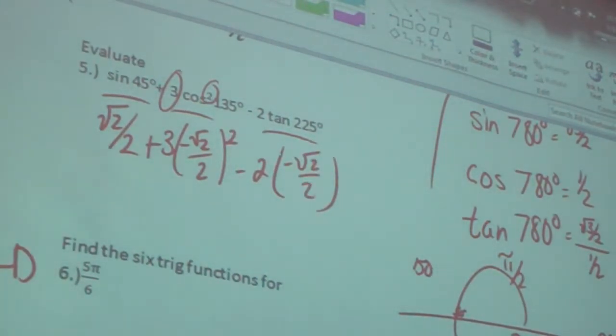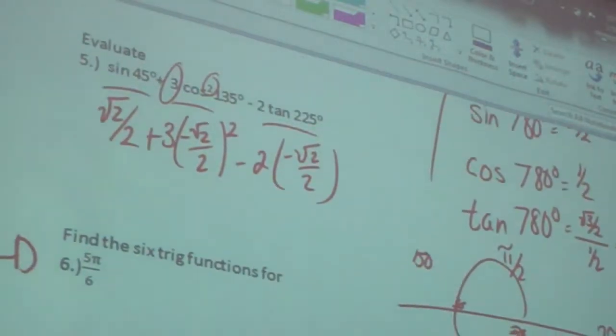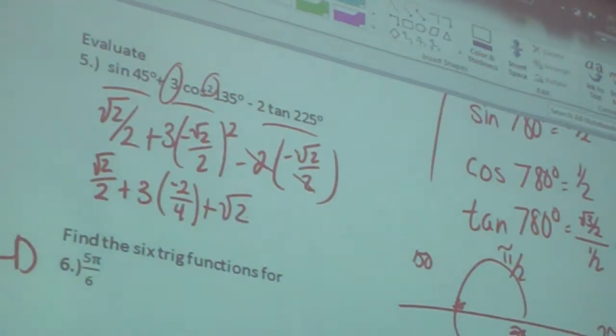Then you're going to evaluate. Square root of 2 over 2 plus 3 times negative 2 over 4 minus, those 2's will just cancel out, so it'll make plus square root of 2.